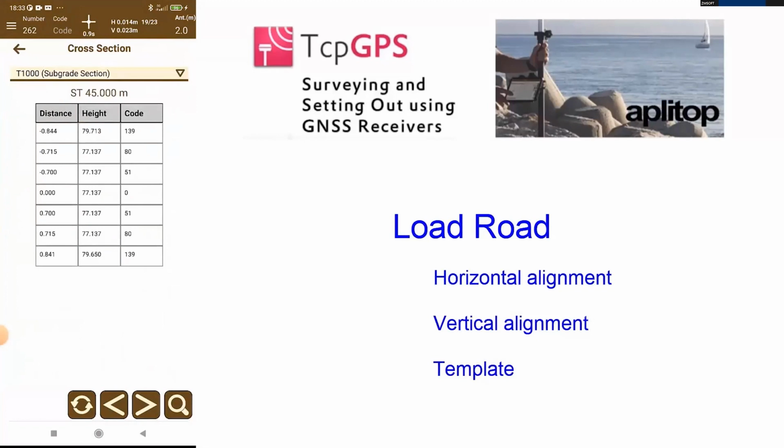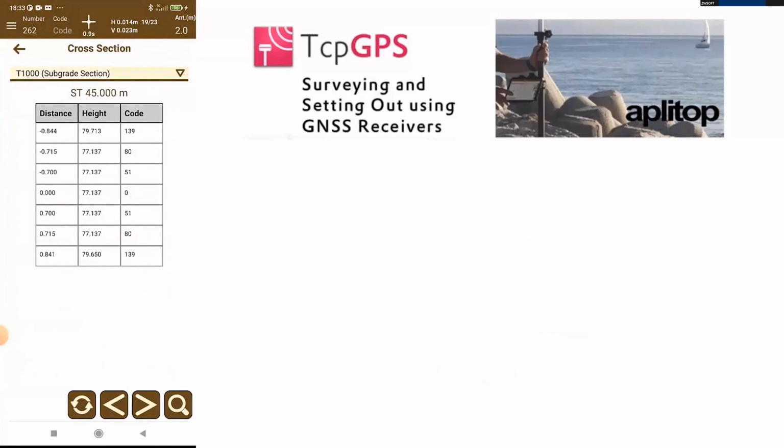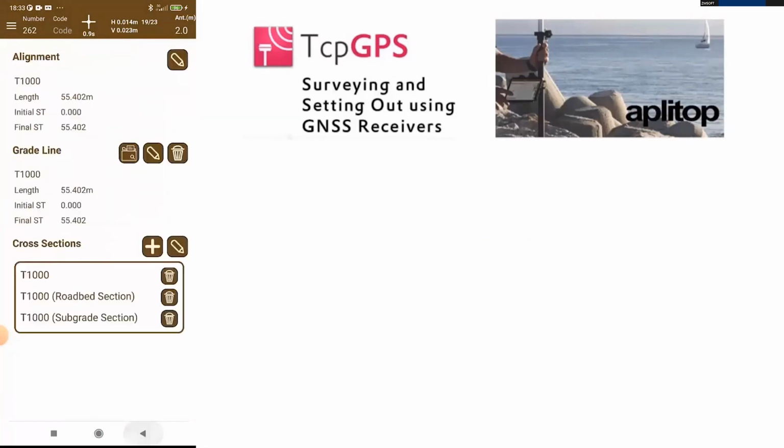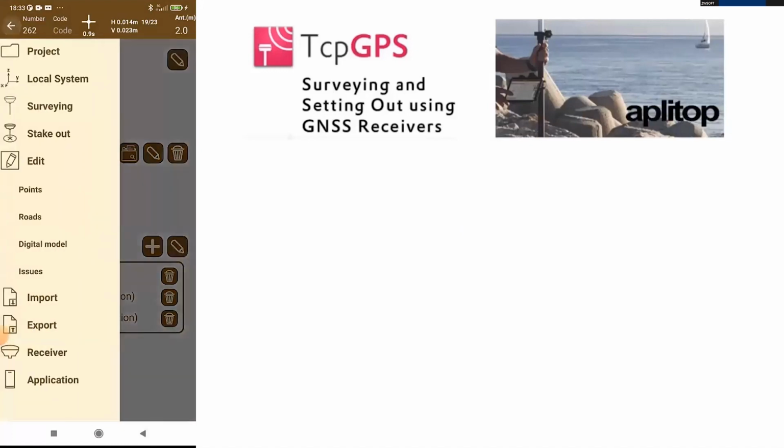We are going to use some codes, for example the 80 code or the 139 code, to see the bottom of the trench, or maybe the contact with the natural terrain. Right now, we are going to stake out that road. Choose stake out.